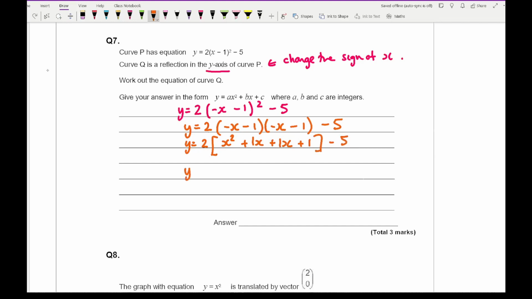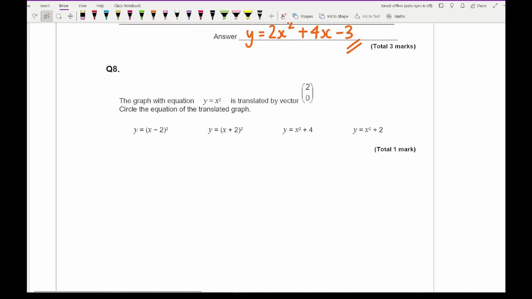Then neatening all of that up, I get y equals 2 lots of x squared plus 2x plus 1, minus 5. And then multiplying everything in the brackets by 2, I get 2x squared plus 4x plus 2 minus 5, and that gives me the final answer of y equals 2x squared plus 4x minus 3.